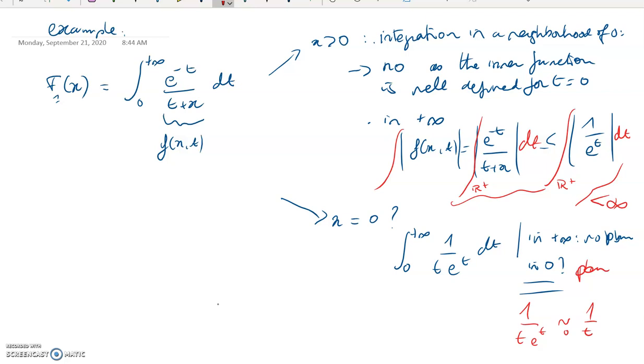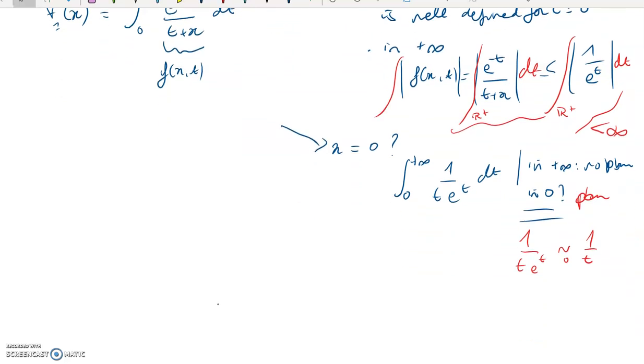If you remember your theorems on improper integrals, the corresponding integrals have the same nature, the same nature as the integral of 1 over t, which you know is diverging, whether you consider it in the neighborhood of 0 or in the neighborhood of infinity.